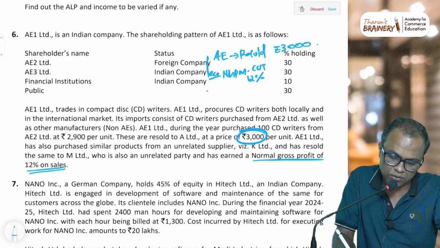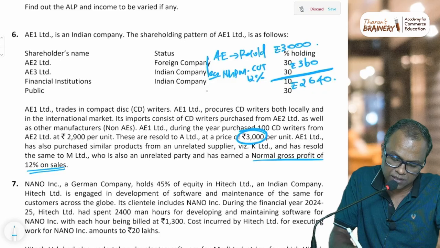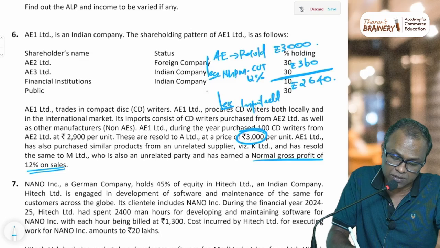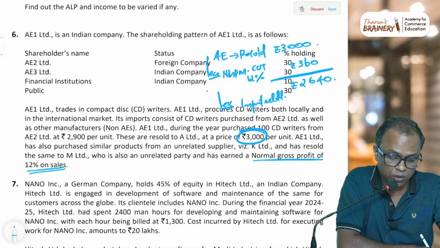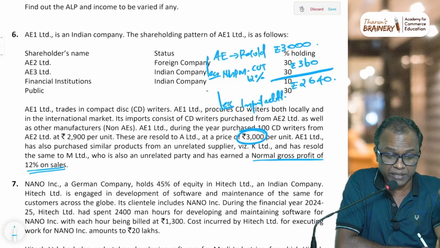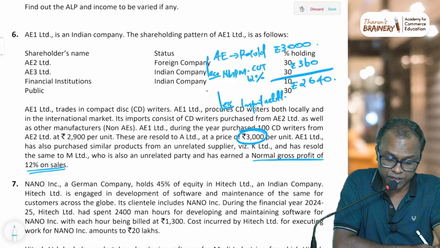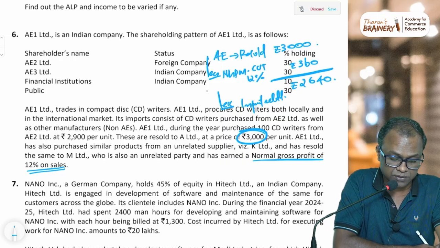So 3,000 into 12%, how much? 360. So balance is rupees 2,640. This is the price. And the next step is less import related expense. Suppose while importing these goods from AE2 Limited, customs duty of rupees 300 incurred per unit and freight of rupees 100 paid were given in the question.